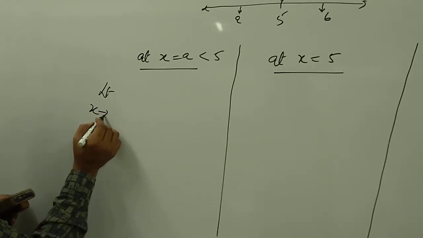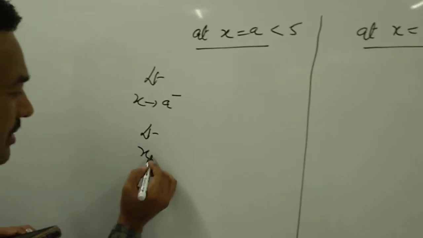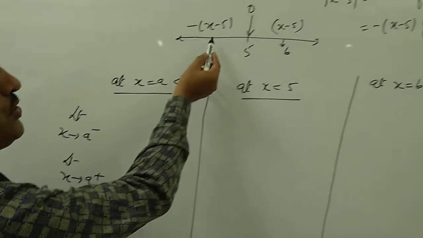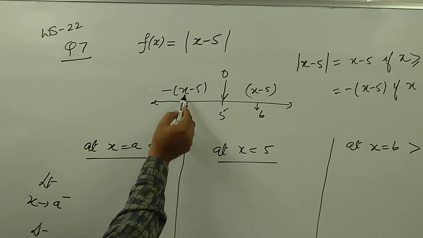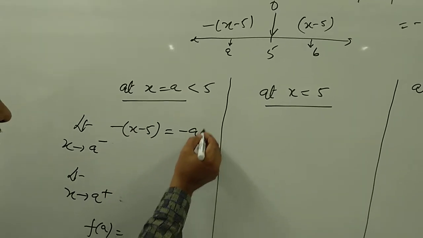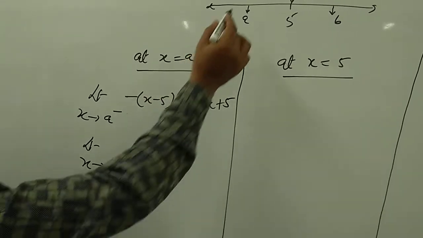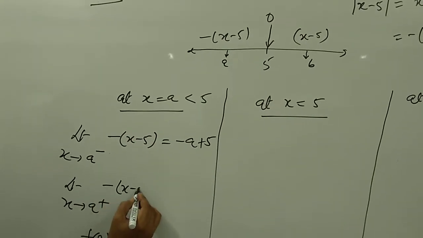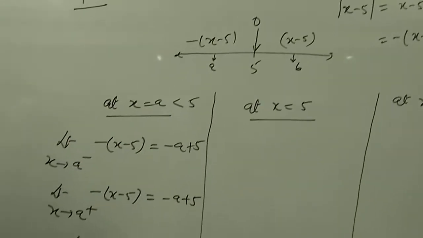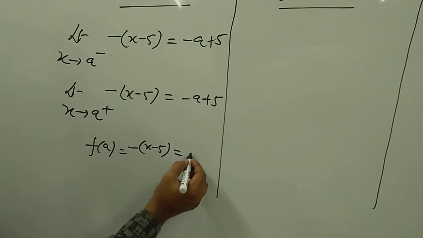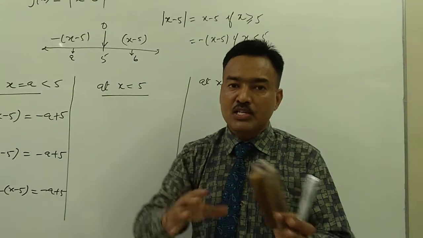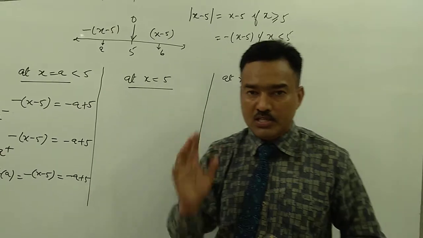Take the left hand limit of a, the right hand limit of a, and f(a), and observe the number line closely. At the left of a, right of a, or at a, the function is minus x minus 5, so by putting it, it becomes minus a plus 5 in all cases. The point remains the same. If the function is not changing at a given point, then there is no possibility of discontinuity.